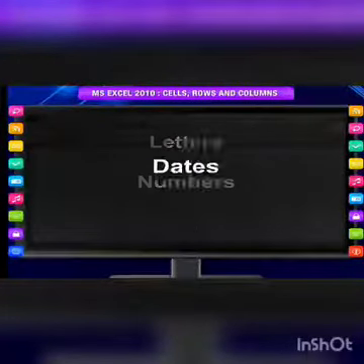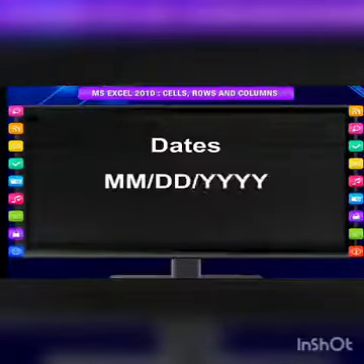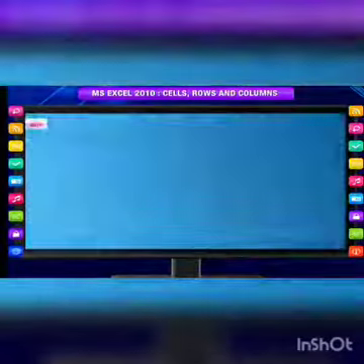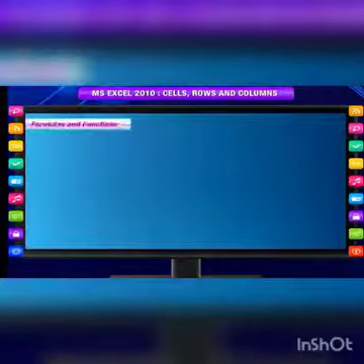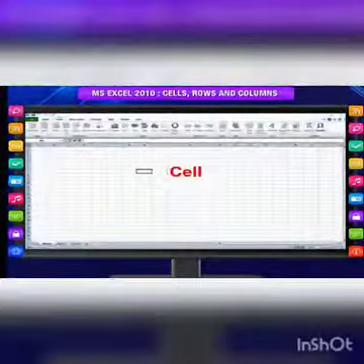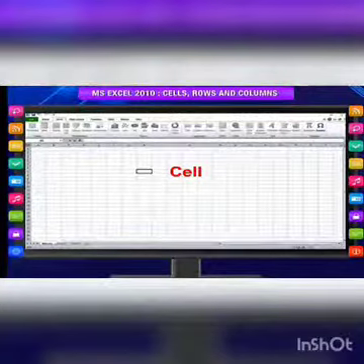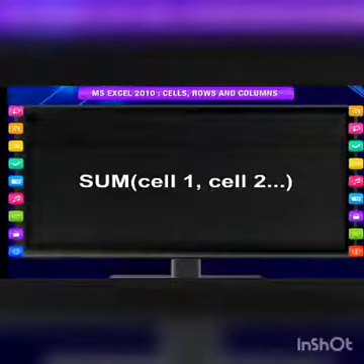For example, dates can be formatted as mm/dd/yyyy or dd/mm/yyyy. Comments. Cells can contain comments from multiple reviewers. Formulas and functions. Cells can contain formulas and functions that calculate cell values. For example, SUM(cell1, cell2) is a formula that can add the values in multiple cells.